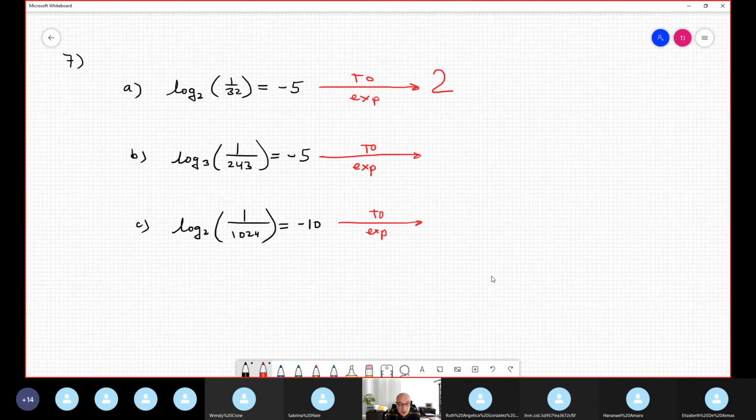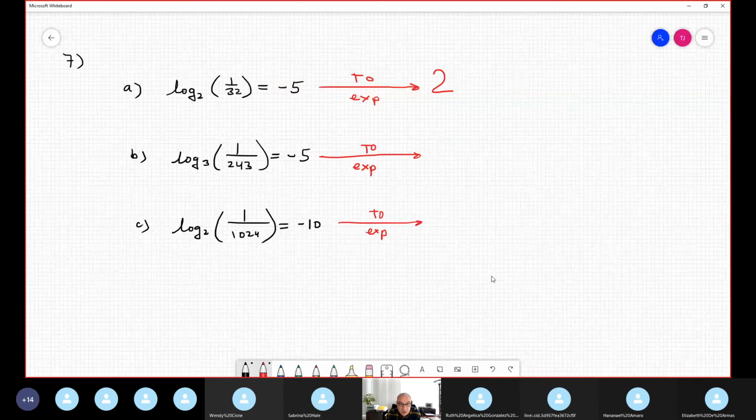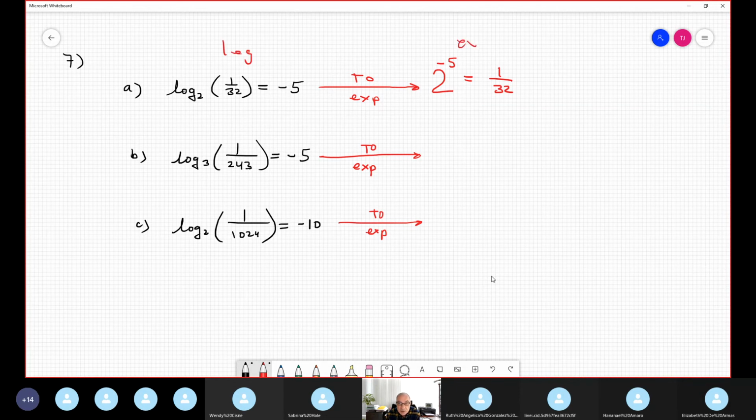And the exponent is always the result of the logarithm, because the logarithm says: what is the exponent necessary to raise the base 2 in order to get the number inside the argument, 1 over 32? Okay, and this statement is 100% equivalent to this. What is the only difference? This is a logarithm statement, and this is exponential.